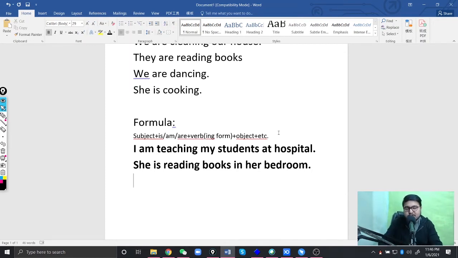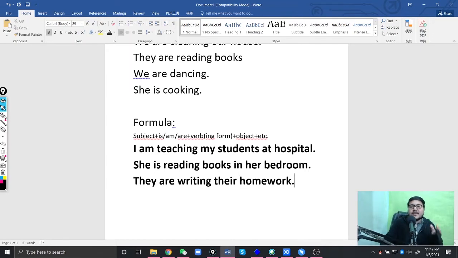Let me try to give you another example. They are writing their homework. Again, the formula: subject is they. Are comes with they, obviously, and writing is the verb ing form, obviously, and their homework is the object.